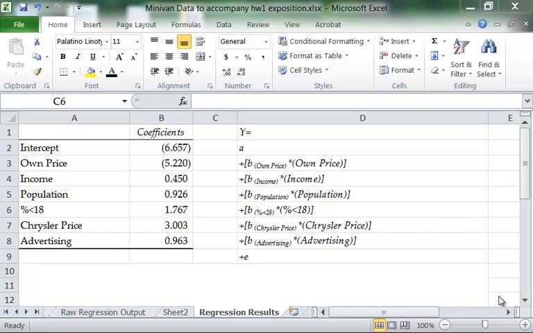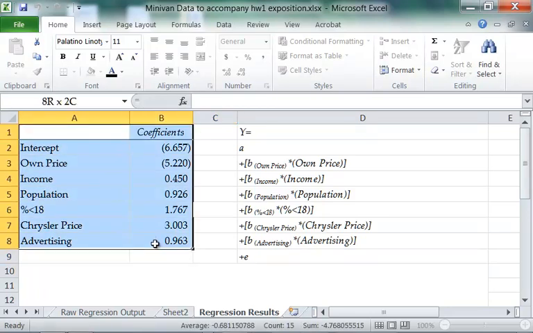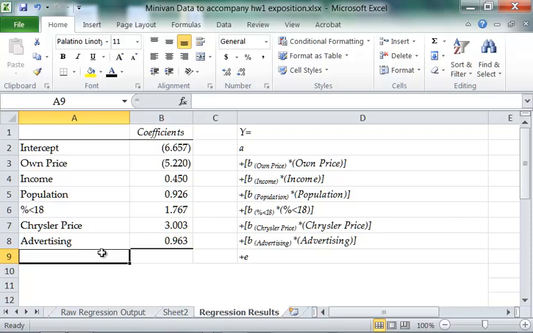So all I've done on this new tab that I called regression results is I've cleaned up that raw regression output a little bit. So all I've kept is the actual coefficients from the regression, which we're seeing in this little table, right? Just a straight copy paste of the old information. And I wanted to map this back into the structure that you probably know, right?